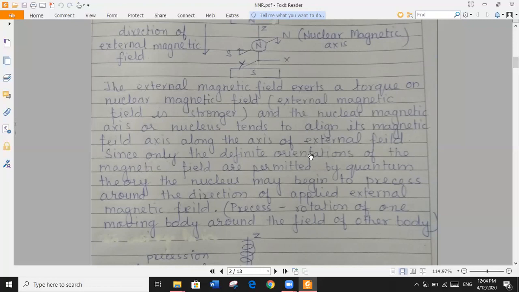Since only definite orientations of this magnetic field are permitted by quantum theory, the nucleus may begin to precess around the direction of the applied external magnetic field. What is precession? Rotation of one moving body around the field of another body.